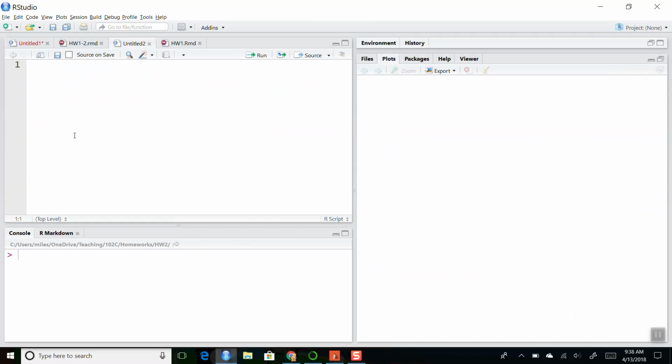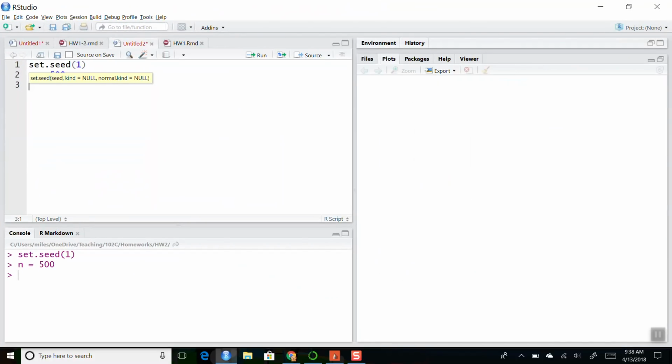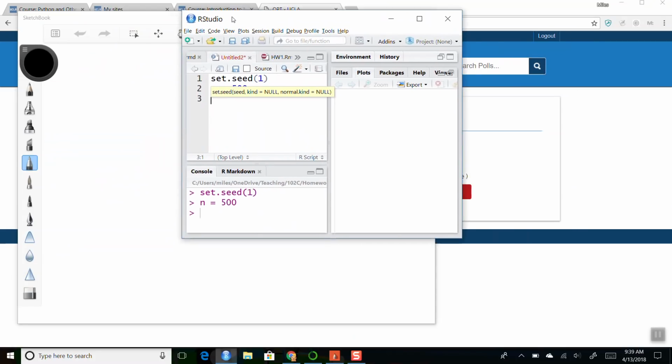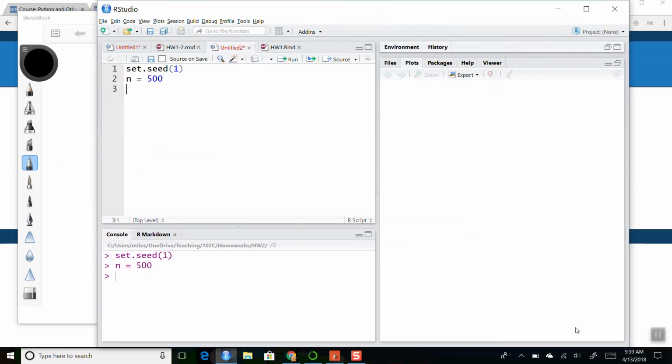Okay, so let's say, here, I'll set a seed. Let's say I want to generate 500 points. We want the mean vector mu to be a mean of 3 and a mean of 4.